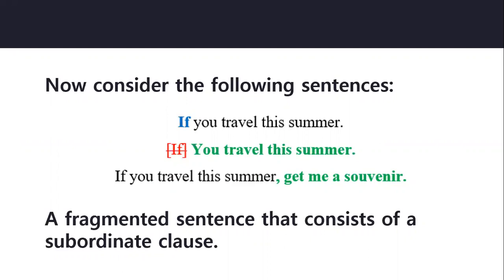The second and third sentences are examples of how to fix a fragmented sentence that consists of a subordinate clause. In the second case, we have taken off "if," so "you travel this summer" is left, and in the third case, we have added words in order to make the sentence more complete and understandable.